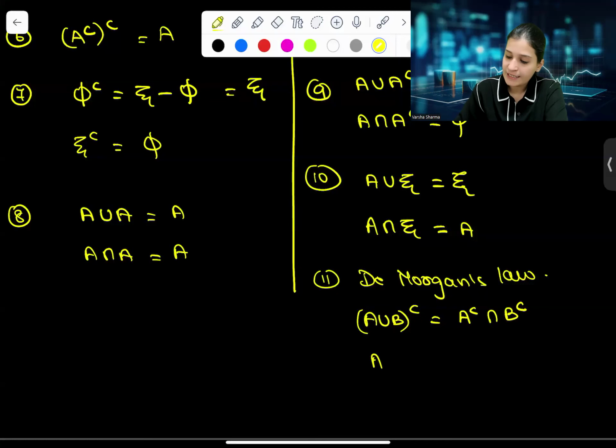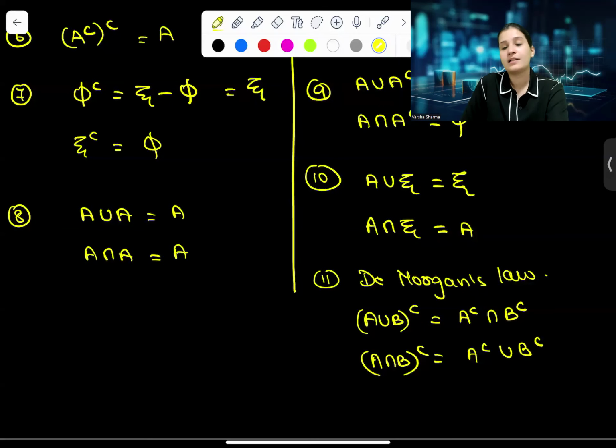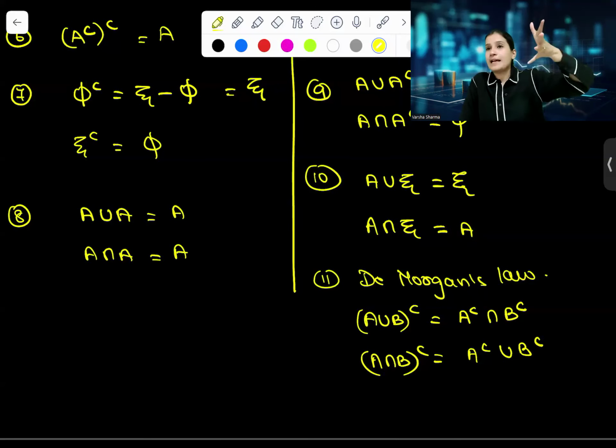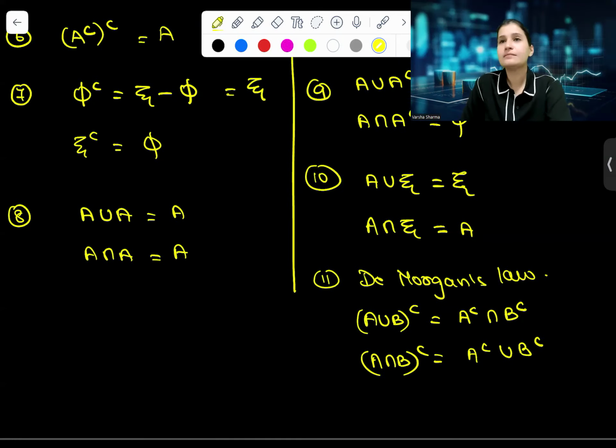What about the A intersection B whole complement? A complement union B complement. So whether I'm opening the bracket or taking the complement common, in both the cases, the operation gets reversed. Clear?